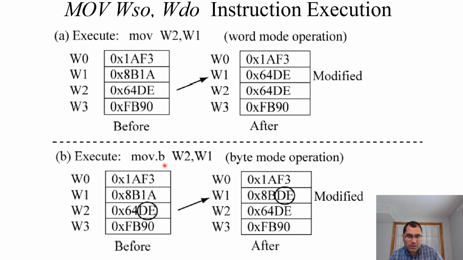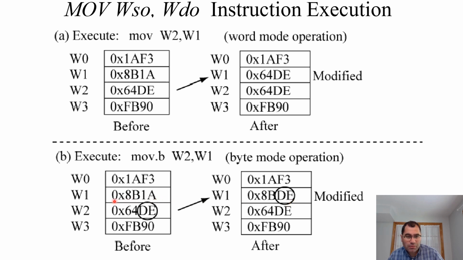Remember from the previous slide, this means copy the least significant byte of W2 and put it in the least significant byte of W1. So we are copying the least significant byte of W2, which is DE in hexadecimal, and putting it into the least significant byte of W1.